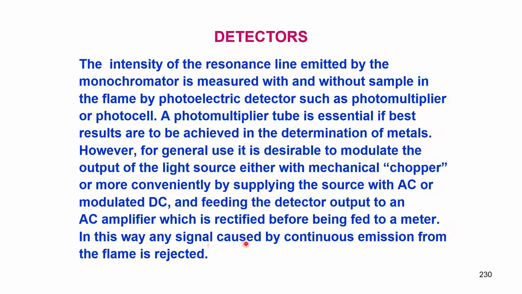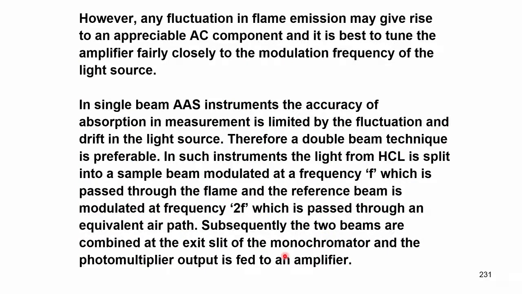In this way, any signal caused by continuous emission from the flame would be rejected. That is the whole idea of using a detector and chopper. Any fluctuation in the flame emission may give rise to appreciable AC component.